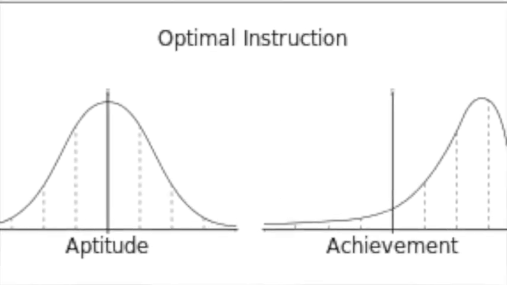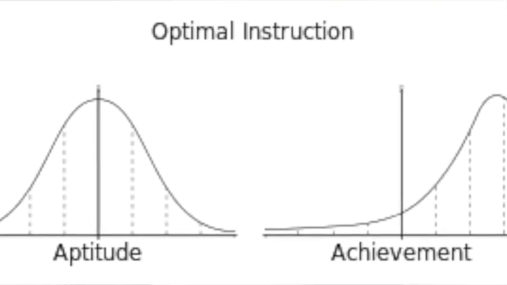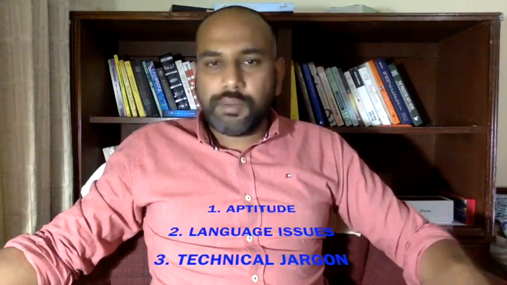with mastery, the learning is improved, because there are few slow learners who consume some ideas in more time as compared to others, maybe because of their aptitude, because of their command on the language, command on the technical jargon, or maybe some other factors.